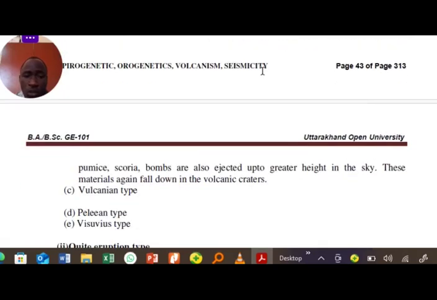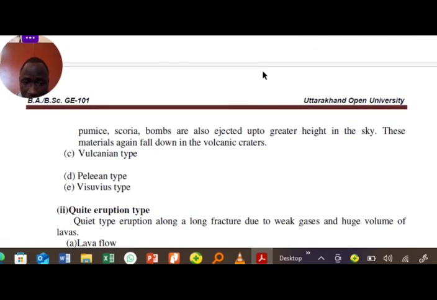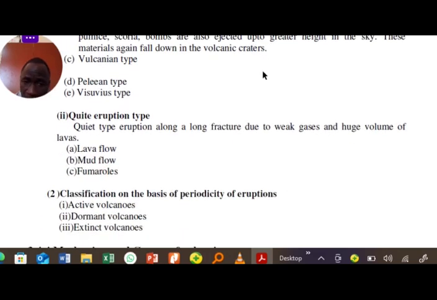When we move on, we are seeing the volcanic types also there, and we are going to be looking at the quiet eruption type. This quiet eruption type is an eruption along the fractures due to weak gases and huge volumes of lava. So these ones tend to flow where we have lines of weakness, and they flow in huge volumes of lava.